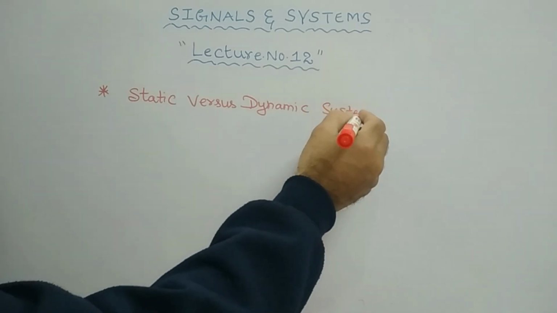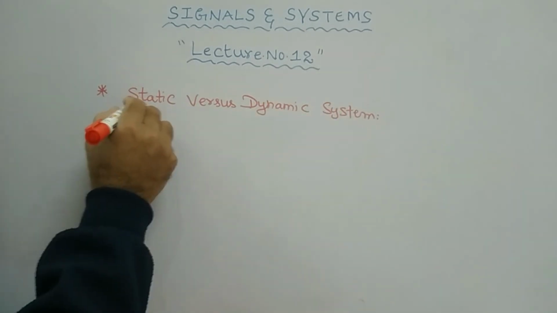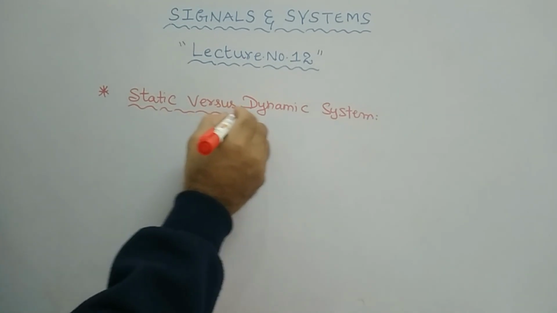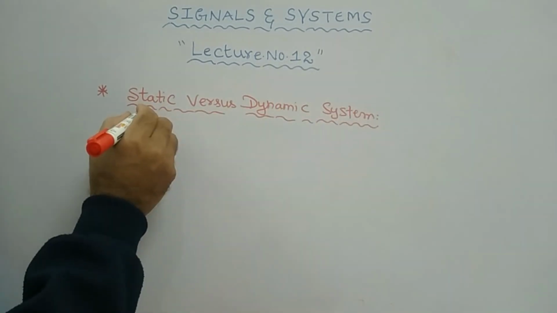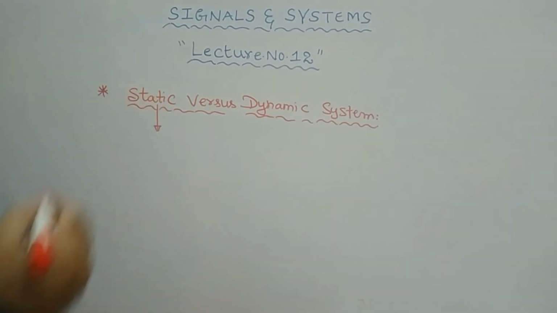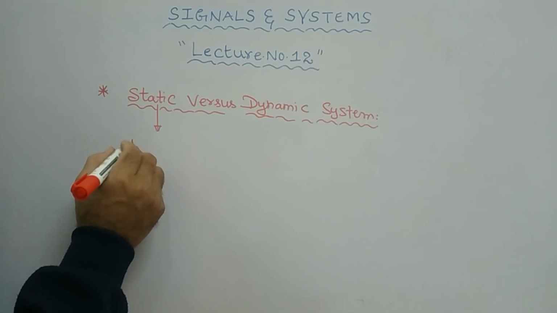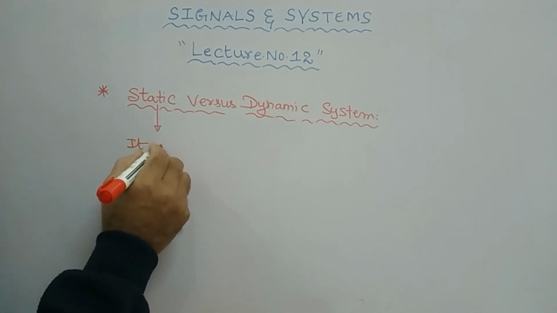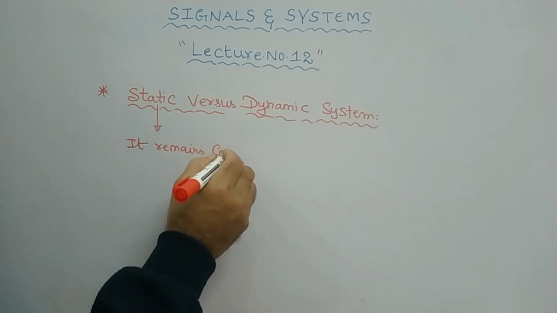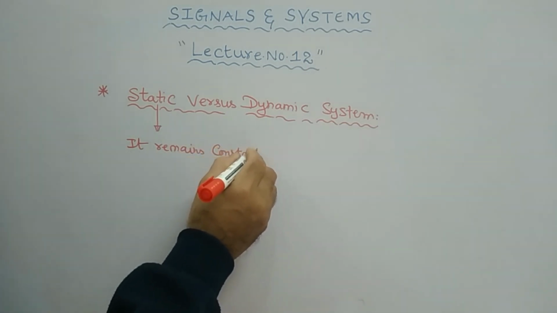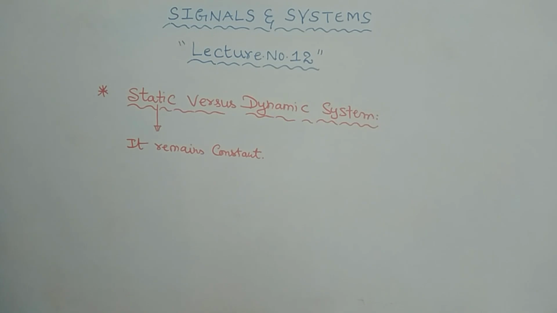As the name itself implies, static means it has no movement. Static means it remains constant. There is no movement at all. It remains constant. That's it.